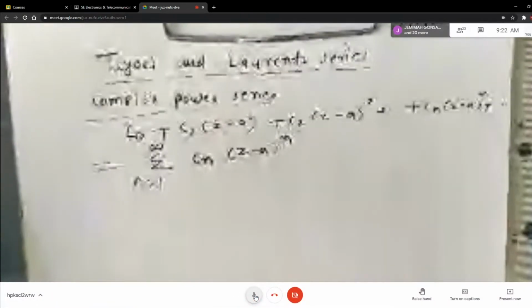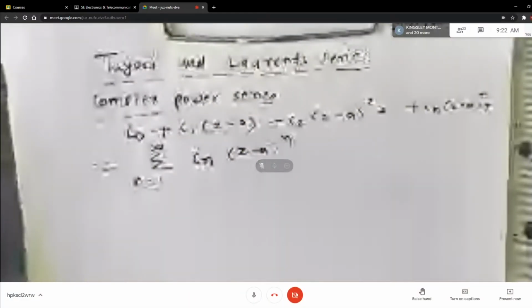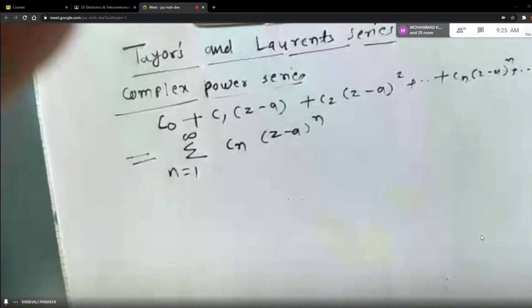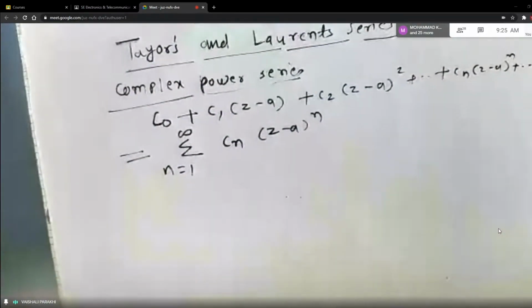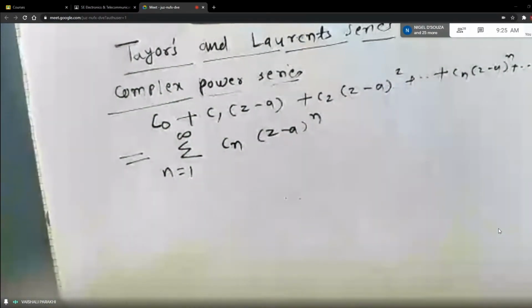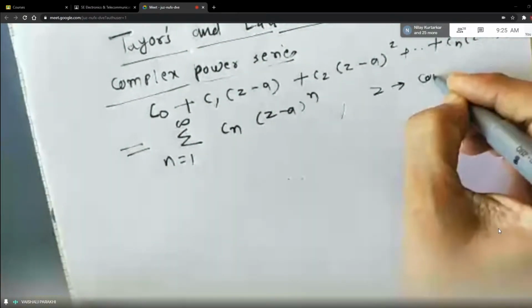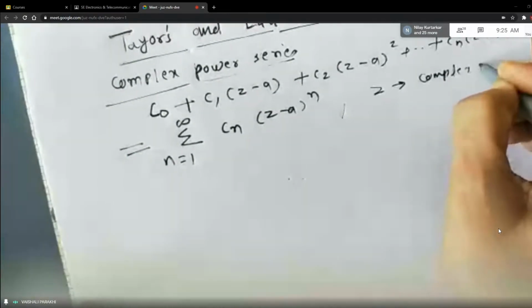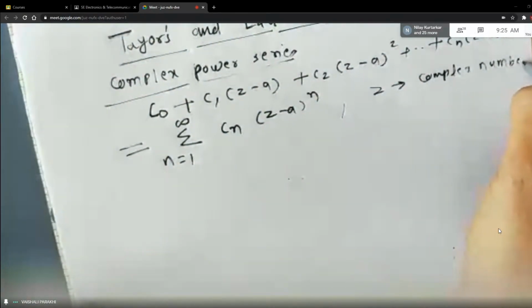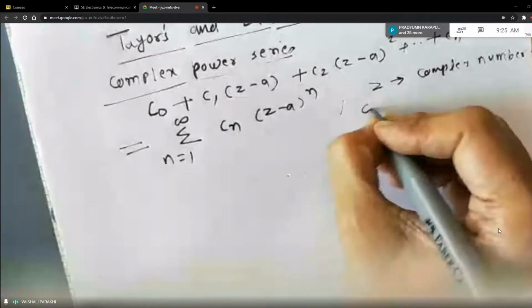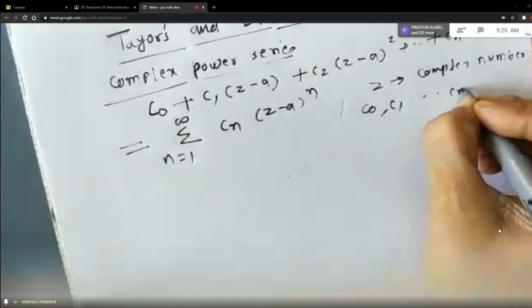I'm audible, students, right? Please say something. So what I was saying, I was talking about the complex power series where Z is a complex number. Now what are these C naught, C1, C2 up to Cn and so on?